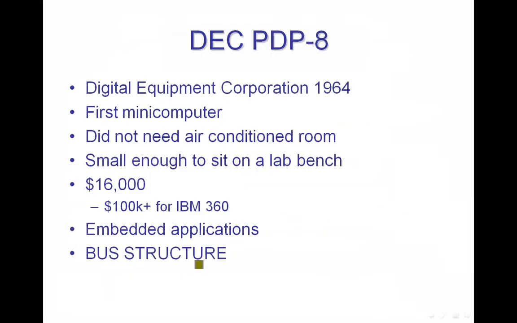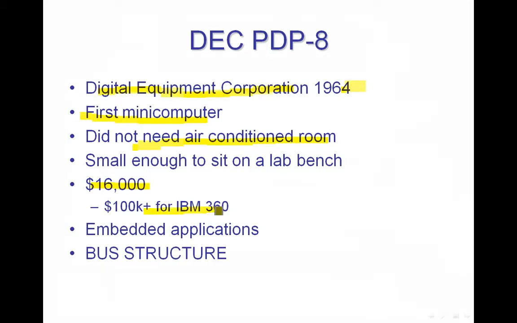The PDP-8, it was from the Digital Equipment Corporation in the year 1964. It was the first microcomputer, did not need air-conditioned rooms, small enough to sit on a lab bench. The cost for it was about $16,000 US, compared with over $100,000 for the IBM 360.